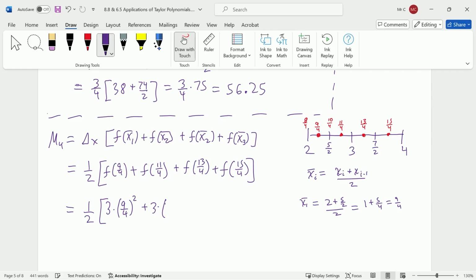So a lot of times students will go straight from here, 1/2 times f of these things, straight into the calculator and spit out a value. And if a student does that, I have no opportunity to judge their understanding of the concepts, only whether or not the final answer they got was correct.